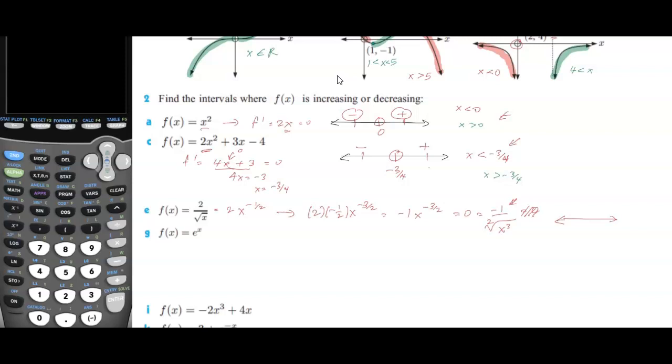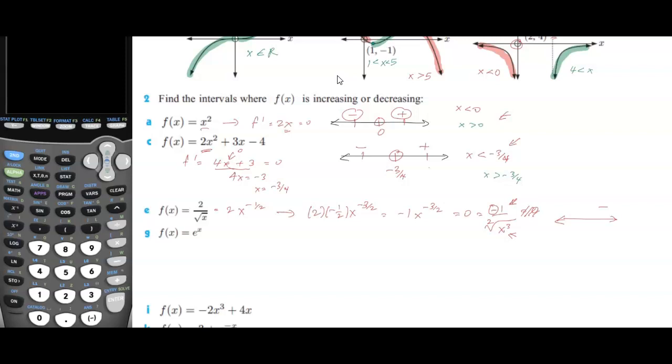If we put any kind of number in here, what's going to happen? Well, if we put in a positive number, we're going to get a negative number out. If we put in a negative number, then we're going to have a problem, right?